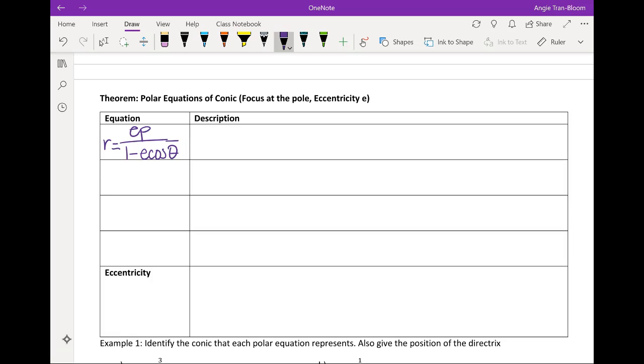This first box I'm going to need to write small because I have a little bit more information to fill in. So this is a polar equation of a conic with the focus at the pole, and the directrix is going to be perpendicular to the pole axis.